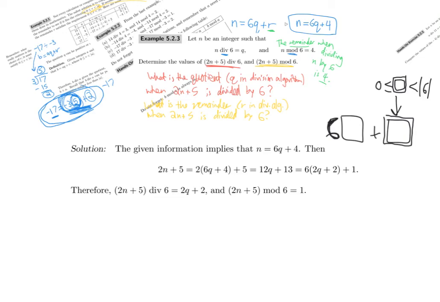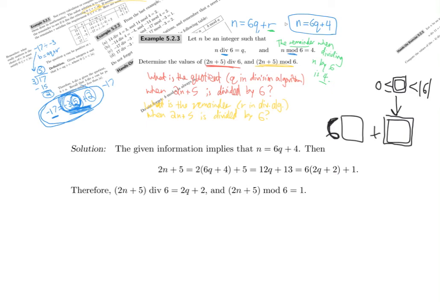Okay, because as we talked about when we reviewed long division, the remainder always has to be less than the divisor, and it always has to be non-negative, which means 0 or positive. So the way they chose to factor it is 6 times 2q plus 2 plus 1.